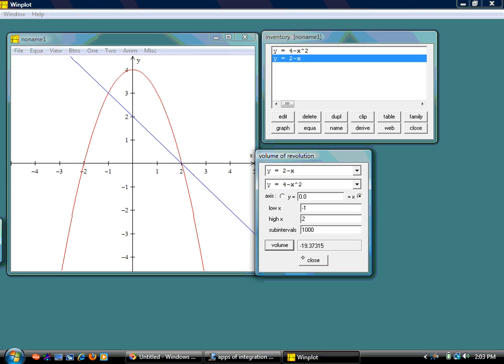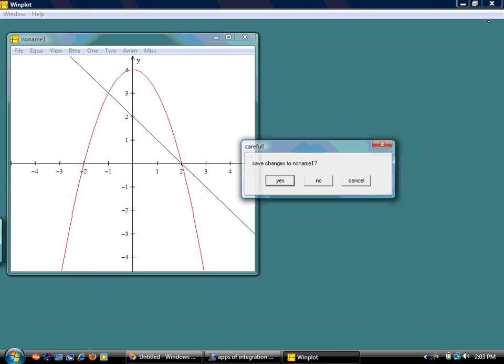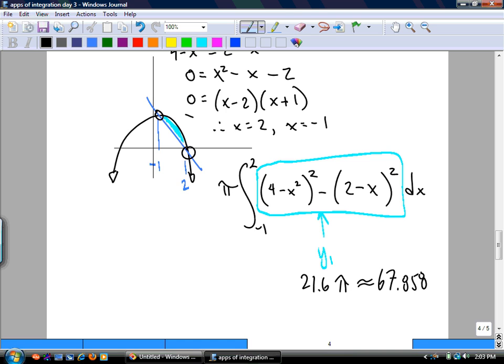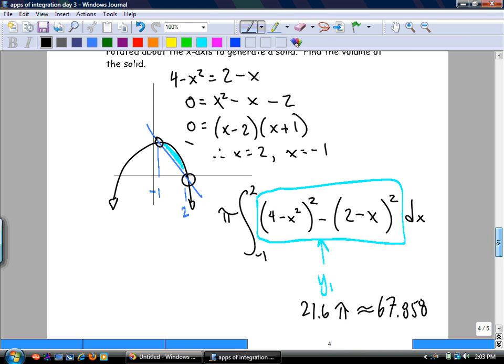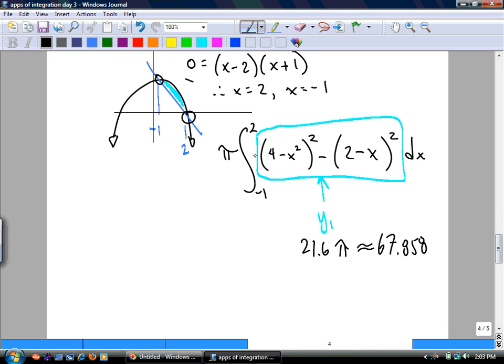No, that's wrong. You guys did this. Hope you did your calculator properly. Oh, I think I know what my mistake was. I don't have the 2 in my function.